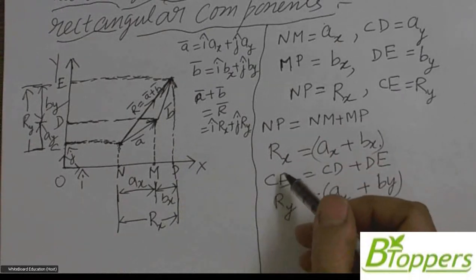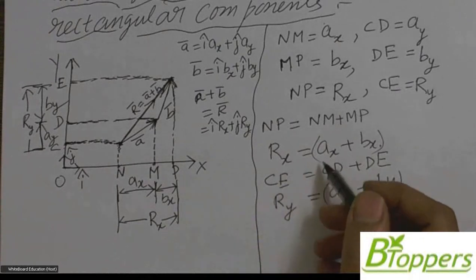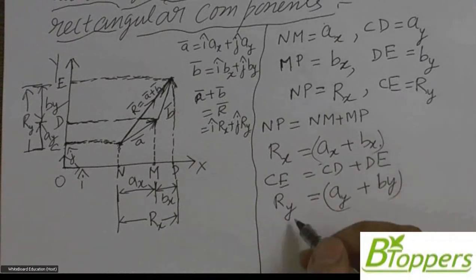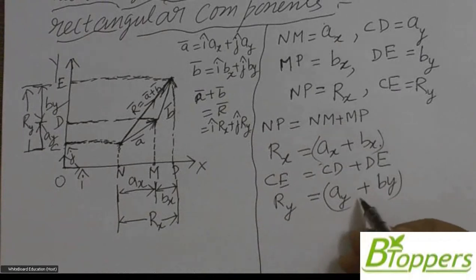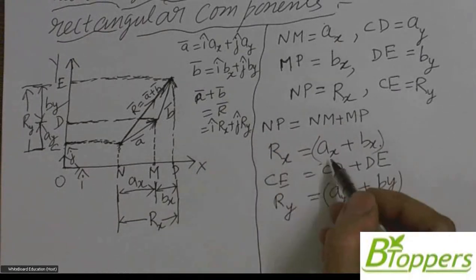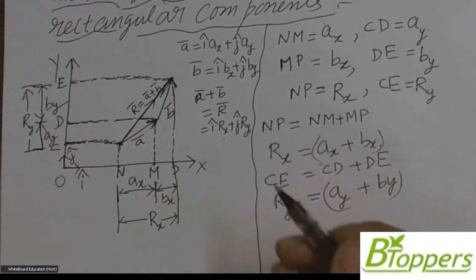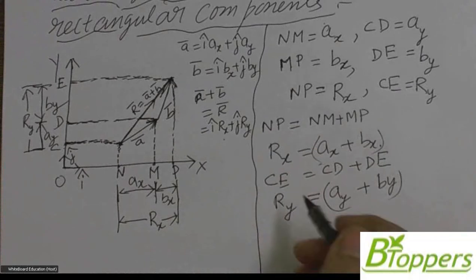That means the x component of the resultant vector is the algebraic sum of the x components of the two vectors A bar and B bar. The y component of the resultant vector is the sum of the y components of the two vectors. So we can substitute here Rx equal to Ax plus Bx, Ry equal to Ay plus By.